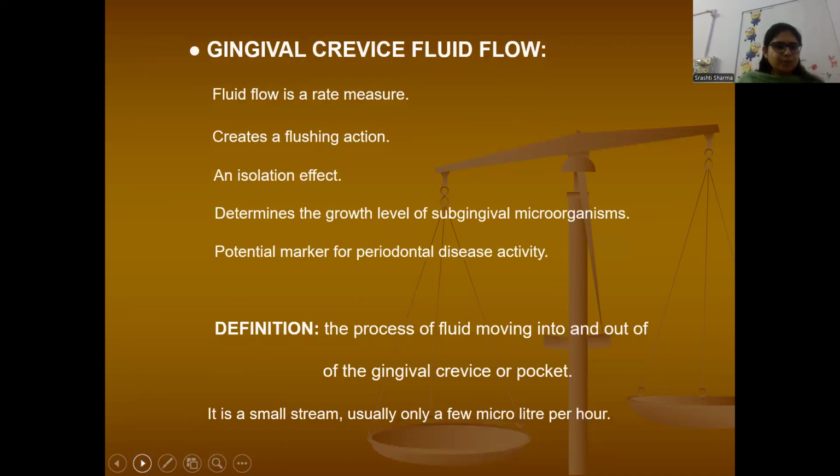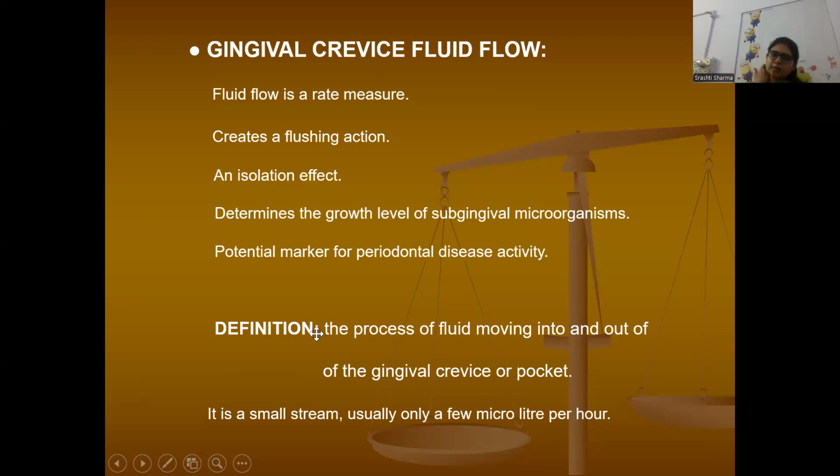So now we will be studying gingival crevicular fluid flow. Fluid flow is a rate measure. It creates a flushing action and isolation effect, determines the growth level of subgingival microorganisms, and is a potential marker for periodontal disease activity.